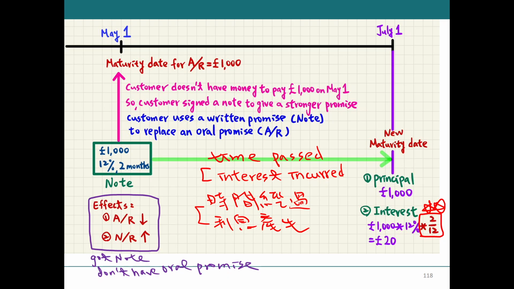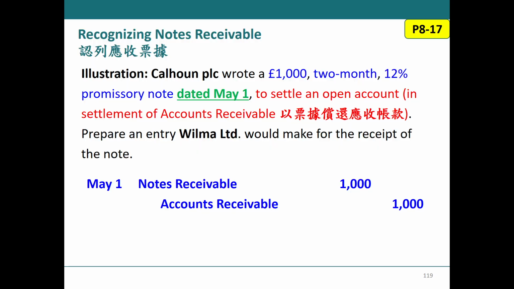Okay, no problem then. Since you understand the concept, what's the journal entry we use to record May 1st and July 1st? So on May 1st, you got a note. You don't have an oral promise, right? So what's a debit? What's a credit? Debit, notes receivable. Credit, accounts receivable, okay? So on slide 119, debit, notes receivable.